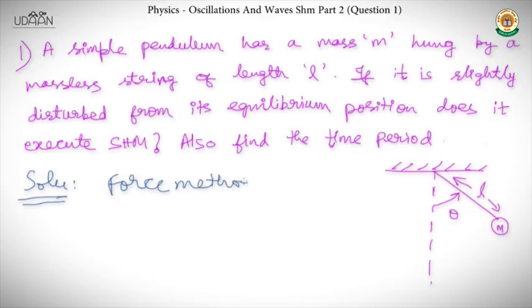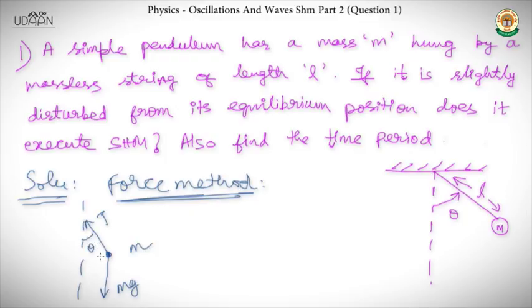In the force method, the most important thing to do is to draw the FBD of the given system. The FBD of this mass will be, this is a bob of mass m, the weight mg acting downwards, and then there is tension T in the string, which is at an angle theta to the vertical.